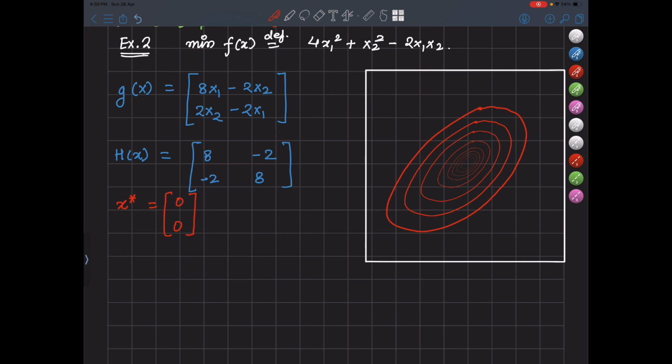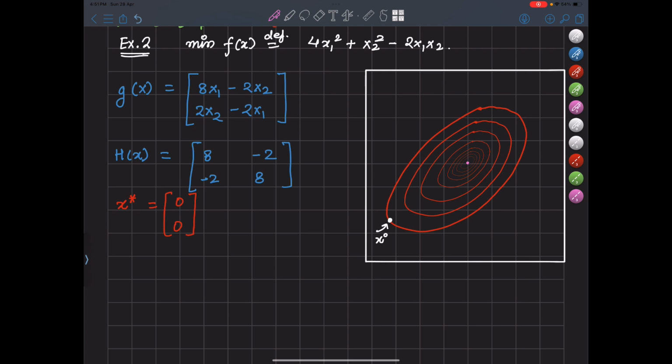So this is the thing. Now let's say we take this as an initial point, and here is the optimal point, somewhere here.